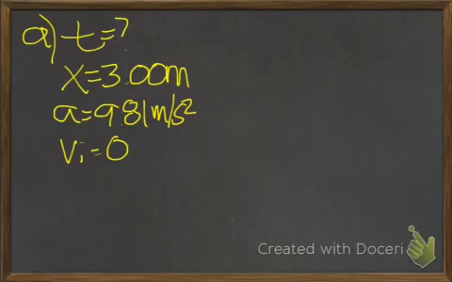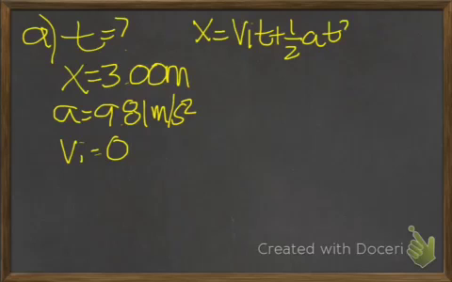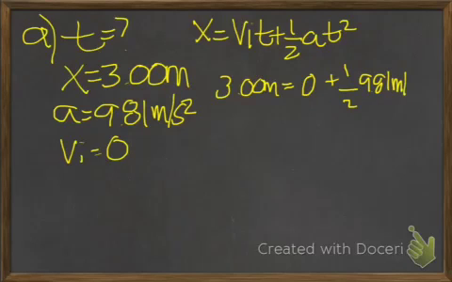Alright, so if you look at our equations list, you should find that x equals initial velocity times time plus 1/2 acceleration times time squared is the equation we're going to be using in this case. Our position, again, is 3.00 meters equals our initial velocity, which is 0, plus 1/2 times 9.81 meters per second squared, times the time squared.